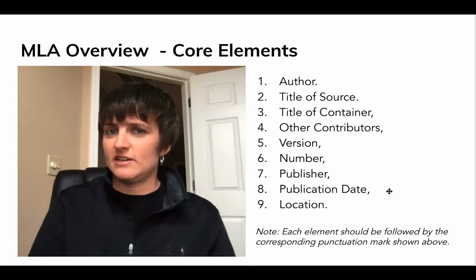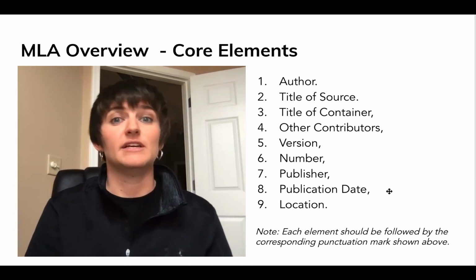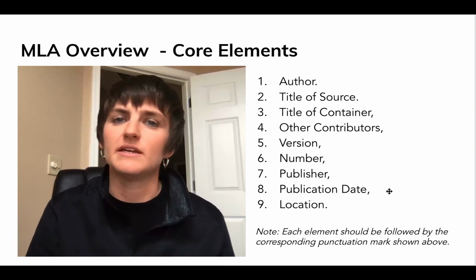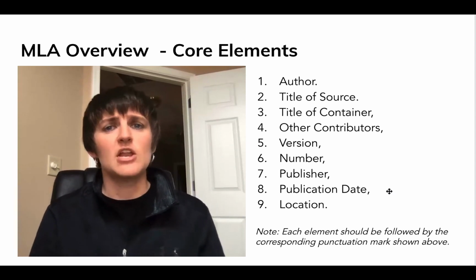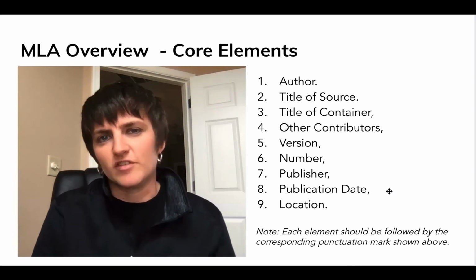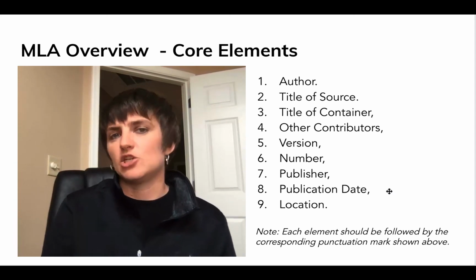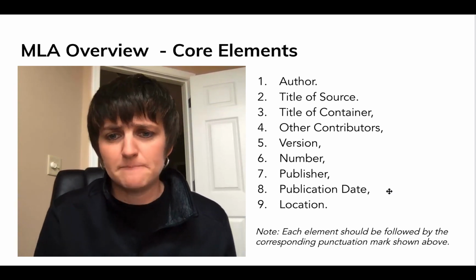Then version, if there's some sort of version number. So again, if we're talking about a textbook that has multiple editions, the 3rd edition would be an example of a version. Number can mean a few things, but it typically refers to scholarly journal articles which have a volume number and then an issue number, and we'll see what that looks like in a minute.